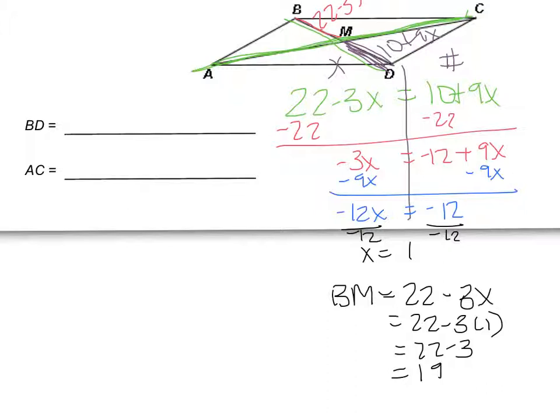So now we know that instead of BM being 22 minus 3x, it's really 19, which means that MD is also 19. So to find the whole thing, we do 19 plus 19, and we get 38.